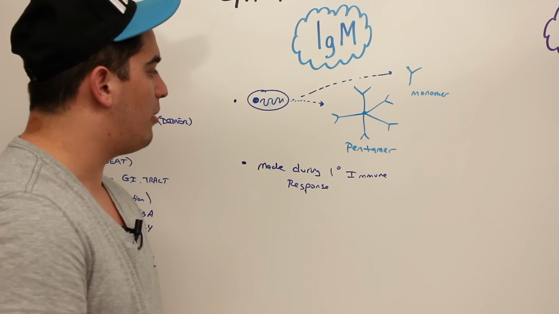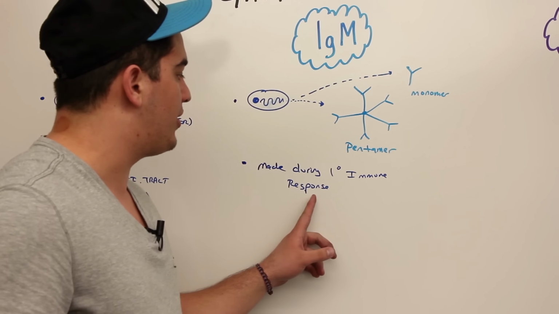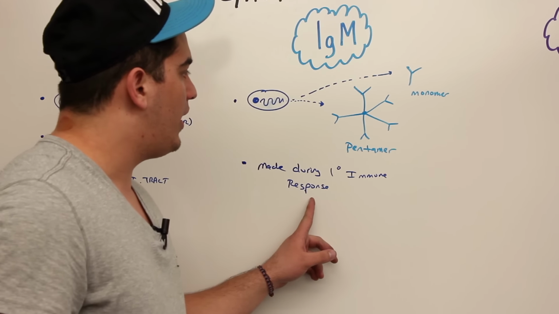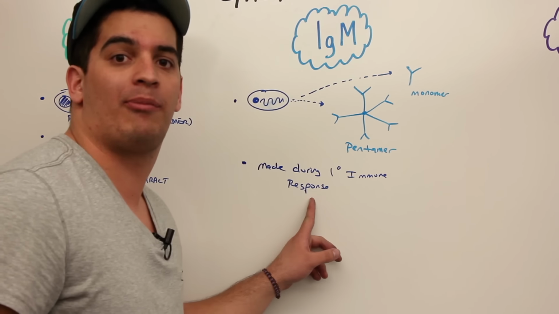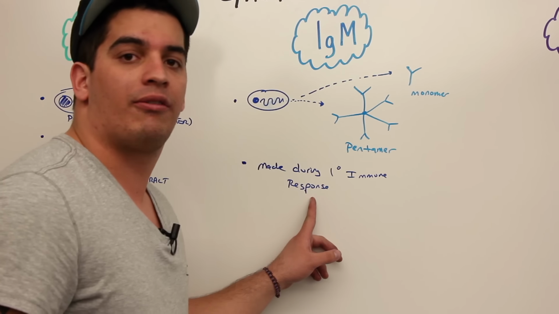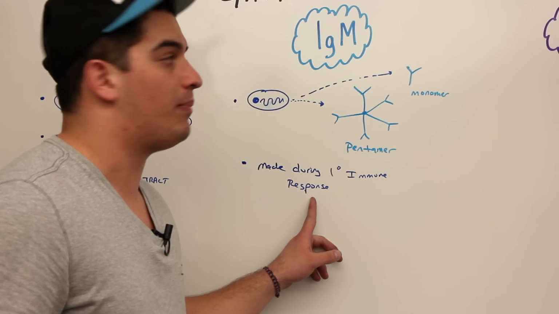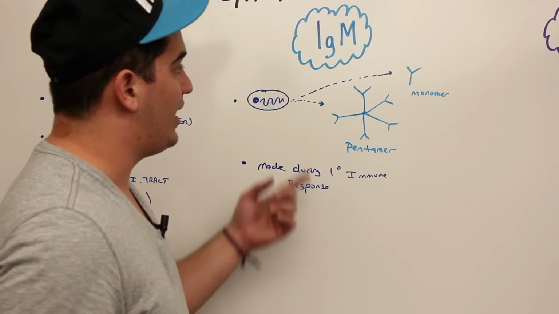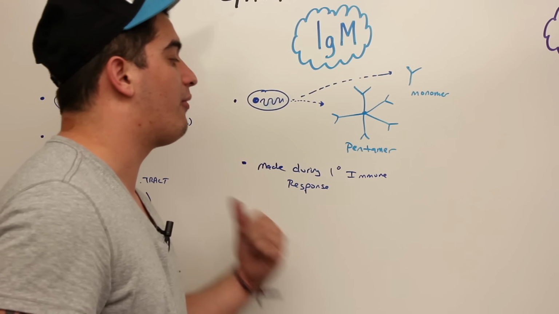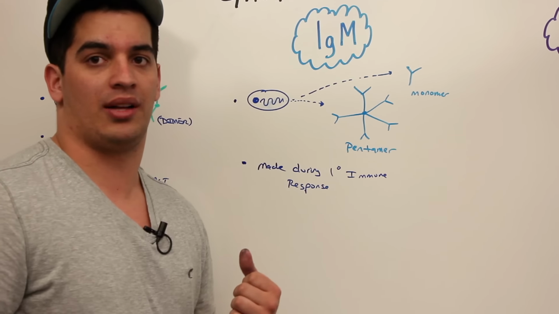If you run somebody's blood or their antibody titers and you find that they have elevated levels of IgM, it could let you know that they're undergoing some type of active infection, some type of primary exposure. It's the first time they're being exposed to some type of foreign antigen, and they're producing antibodies against that, right? So that's important for understanding that these IgM antibodies are made during the first primary immune response.